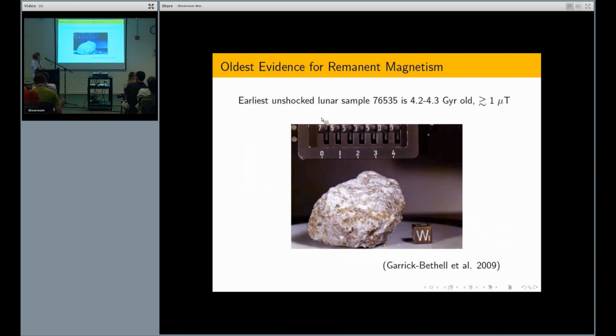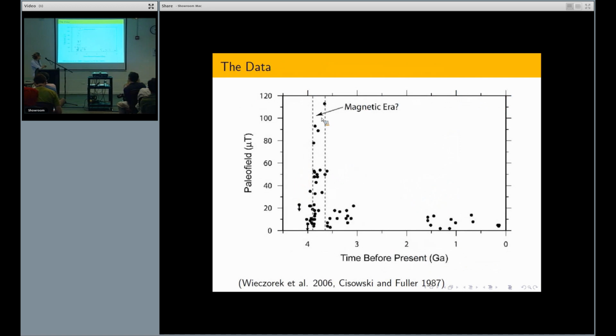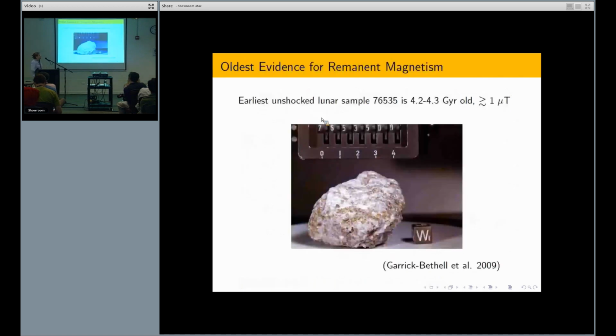There's been more recent data, for example, from a paper by Ian Garrick-Bethell, 2009, showing a lunar sample that's 4.2 to 4.3 gigayears old. So that's before the supposed magnetic era, but definitely showing signs of magnetism.